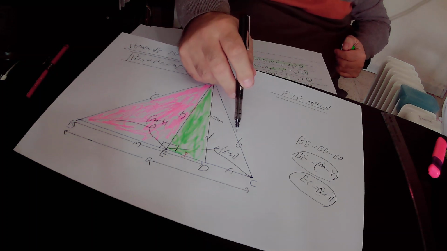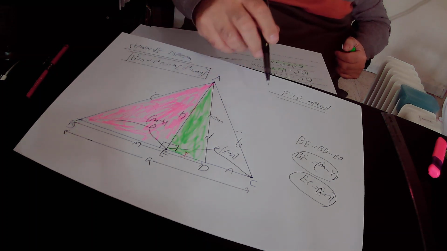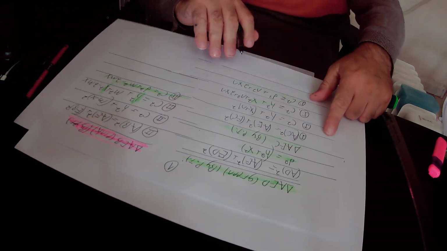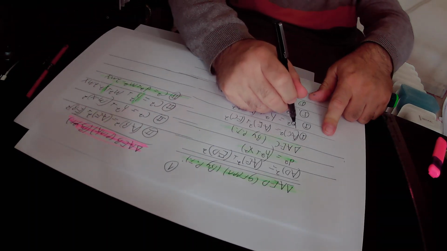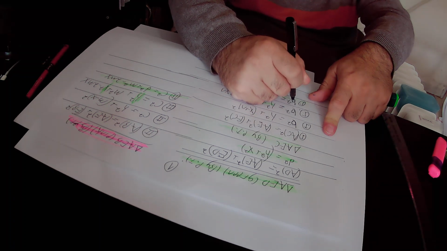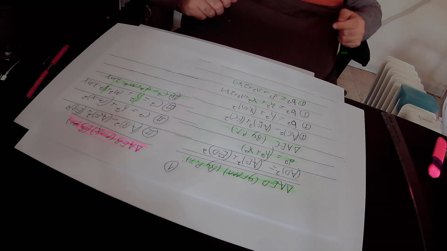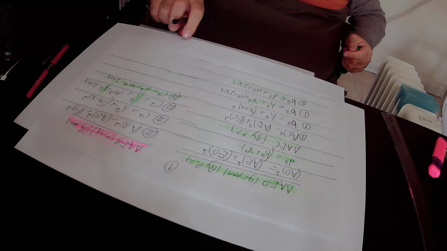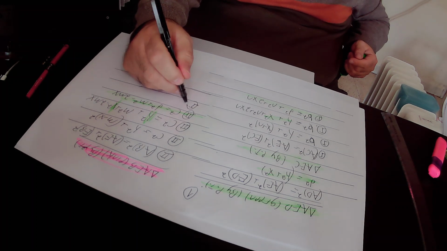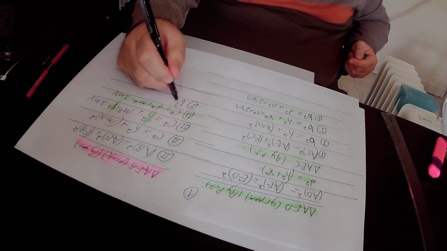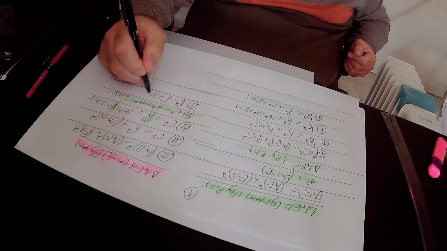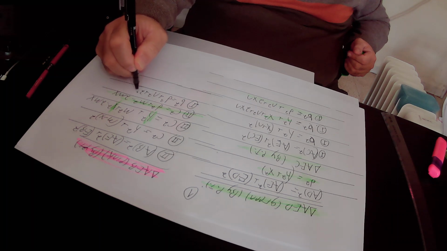AC is B, therefore AC squared is B squared. So according to equation number 1, we have already found out that B squared equals D squared plus N squared plus 2 times Xn.